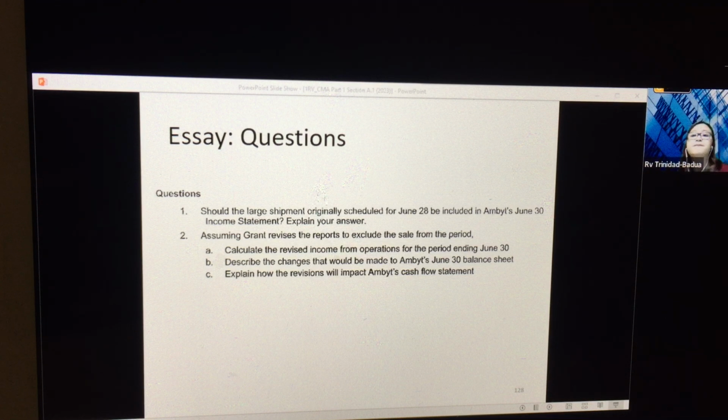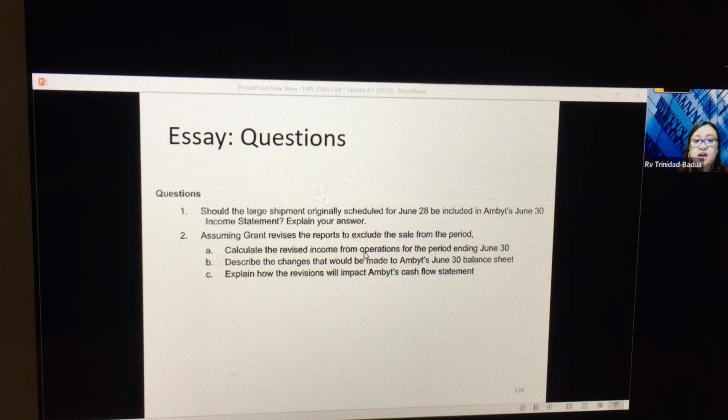So usually we recognize the revenue when the product is delivered. In this instance, hindi na-deliver yung product. So the revenue cannot be recognized during this period, and the reason for the delay in the delivery has no bearing on the timing of the recognition.